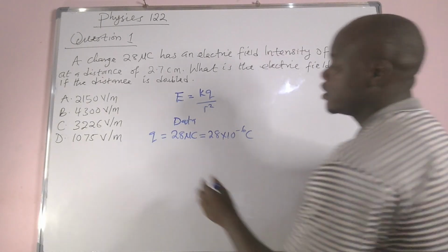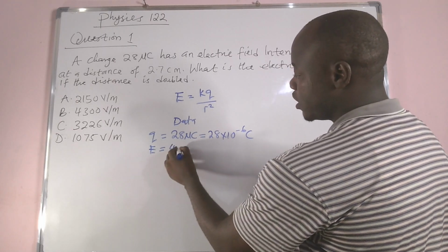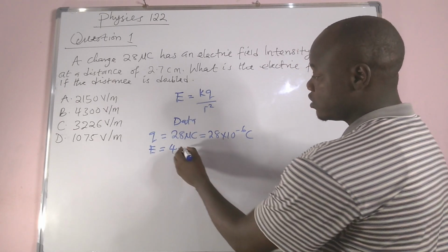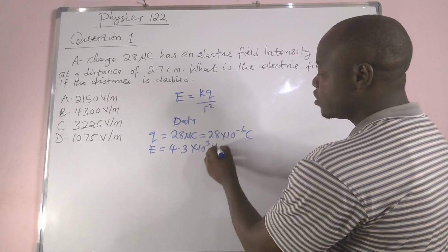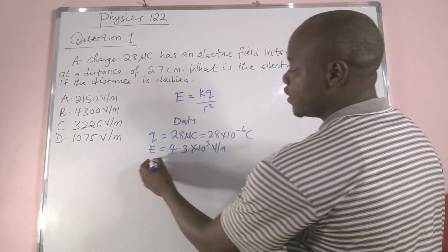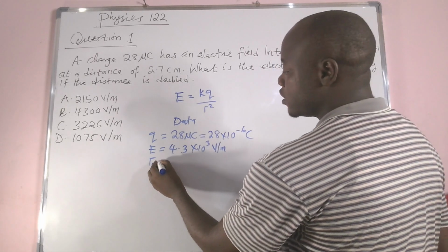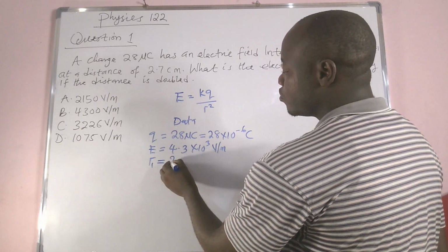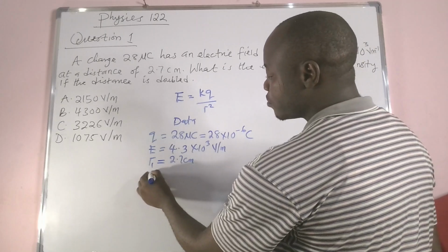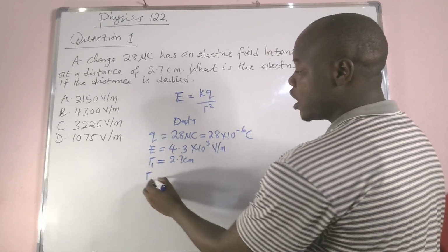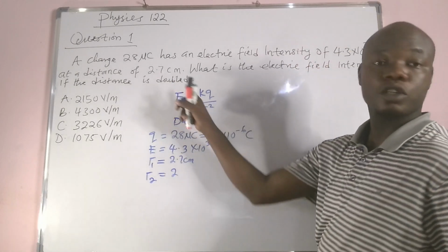And then the next thing is the electric field intensity, given as 4.3 times 10 raised to the power of 3 volts per meter. And then the initial distance R1 is equal to 2.7 centimeter.